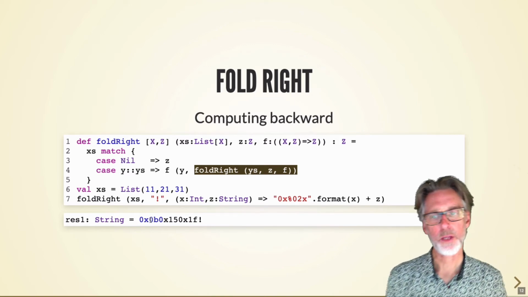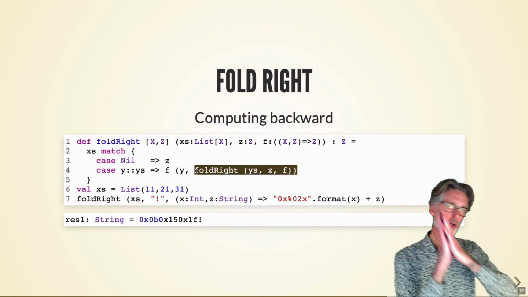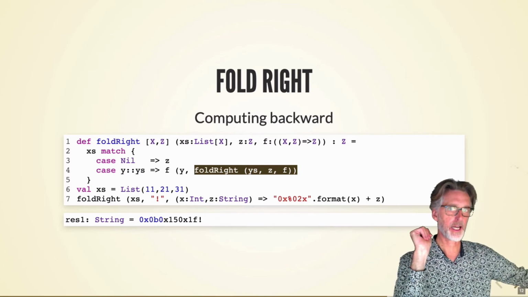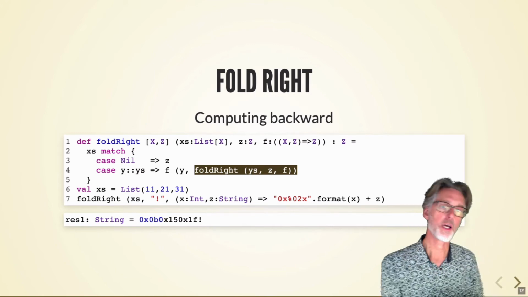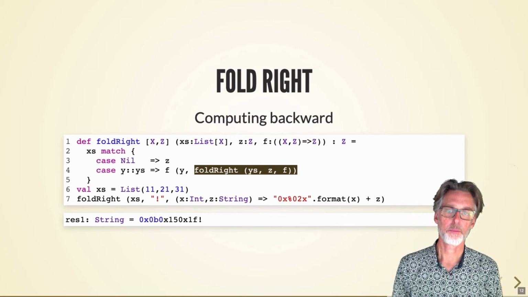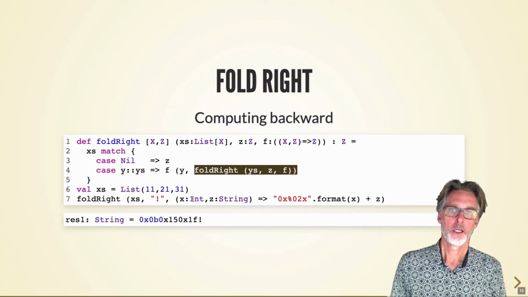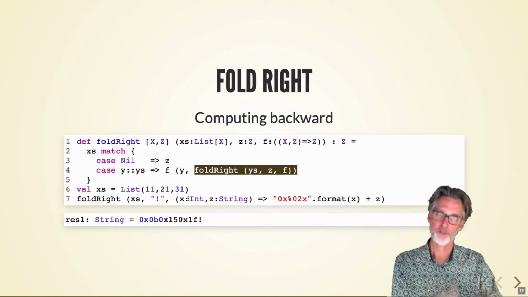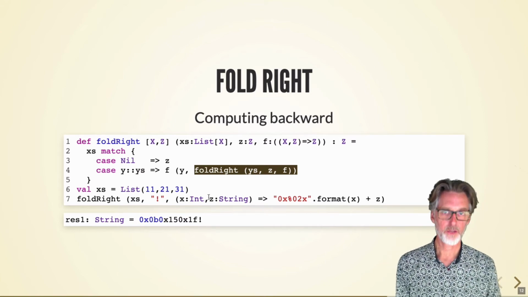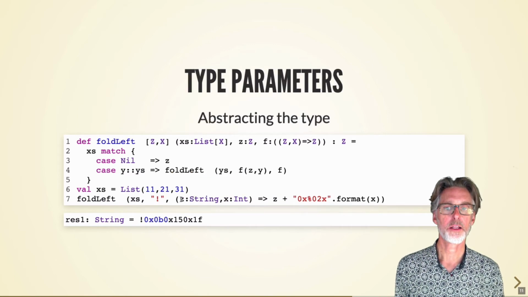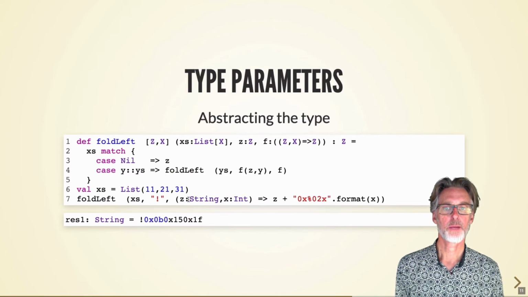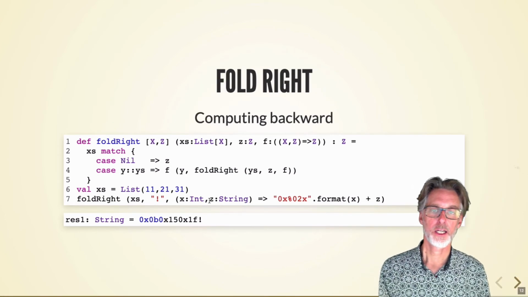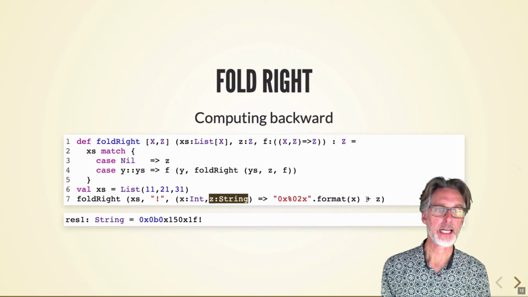And what's going to happen here is that I'm going to go all the way down to the end of my list doing recursive calls till I hit the very end. And at that point, I'll first do the combining operation. Note that in fold right, the combining operation, as you might expect, is reversed in order. So when I was folding from the left, I had a string on the left. Whereas when I'm folding from the right, I'll get the string from the right. So the string coming from the right, and I will add it on the right.